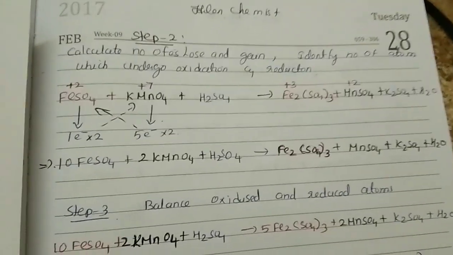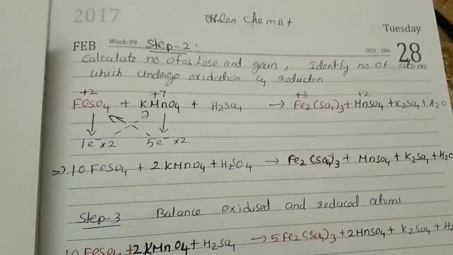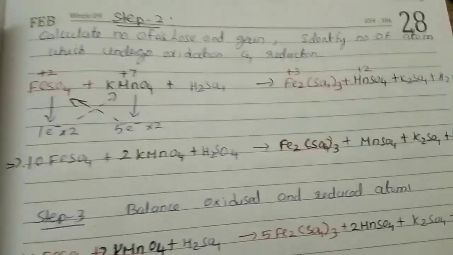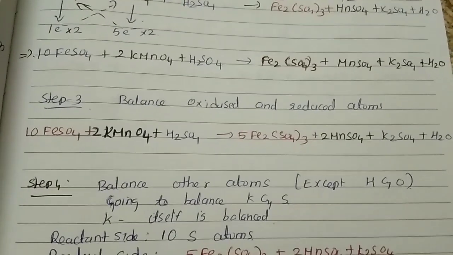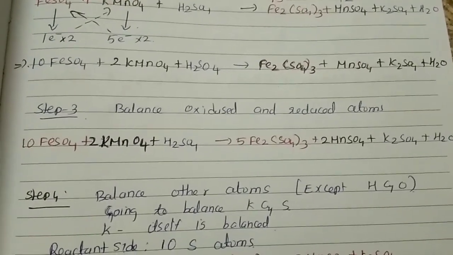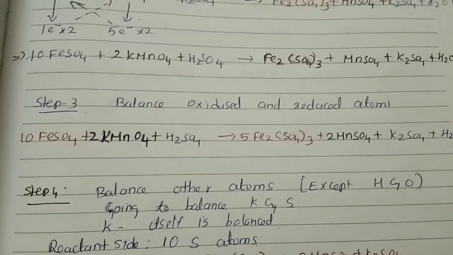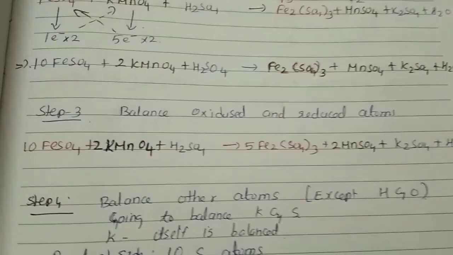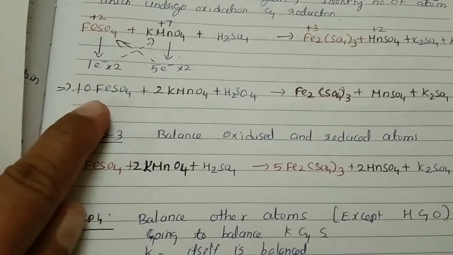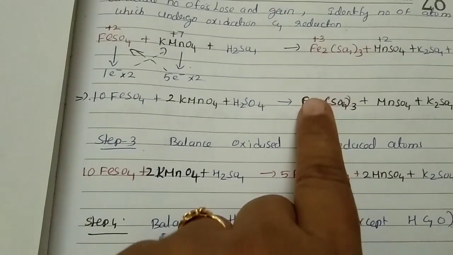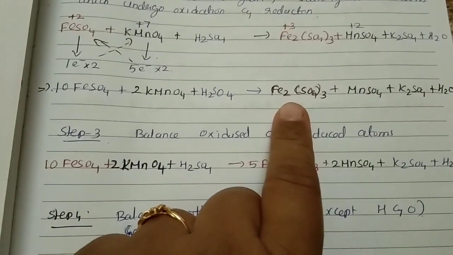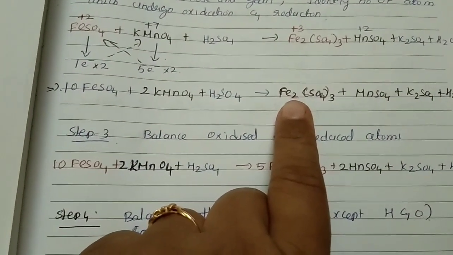Okay. Step 2 finished. Next, step 3: balance oxidized and reduced atom. So you have to balance the number of oxidized and reduced atoms. So here you are having 10 FeSO4, but in the reactant side you are having only 2 iron atoms.